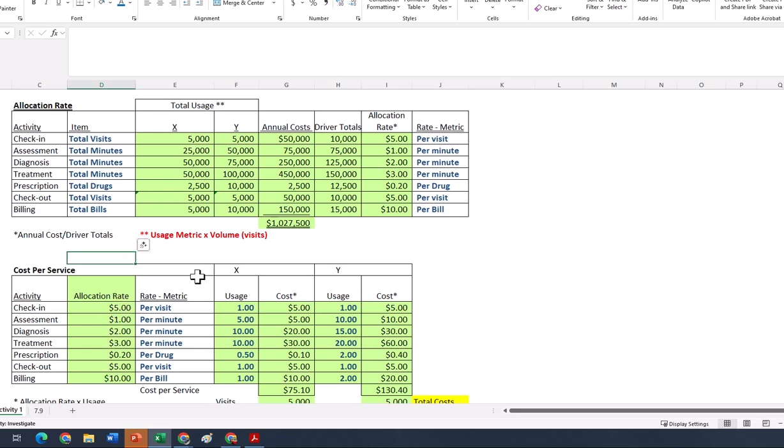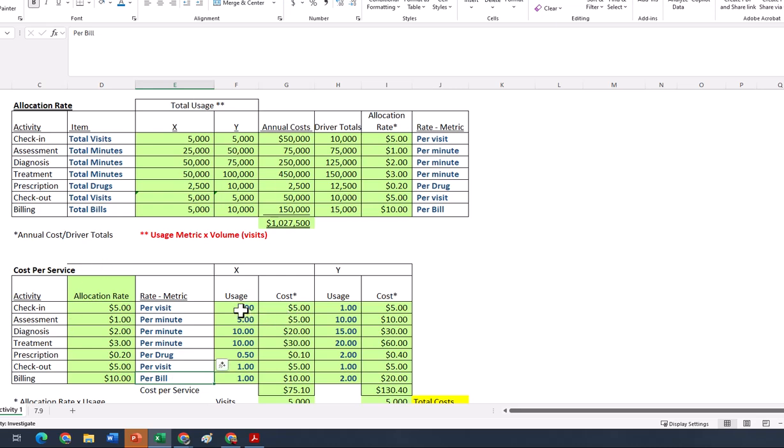And again, we always want to do spreadsheets that we can send to somebody and they don't have to ask us a question, so we're very anal retentive. And we say allocation rates $5 per minute, per visit, per minute, per drug, per visit, per bill. So nobody has to ask us, it's very clear.